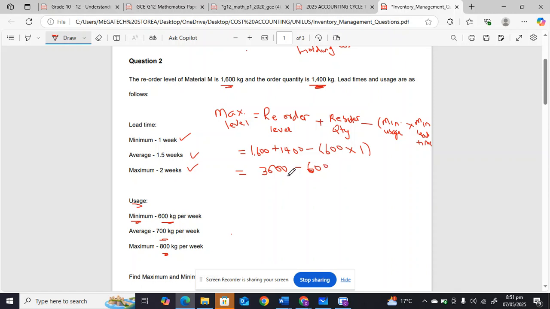So 3,000 minus 600, you get 2,400 kg. This is the maximum amount we should have in our shop, 2,400 kg. Any questions, madam?